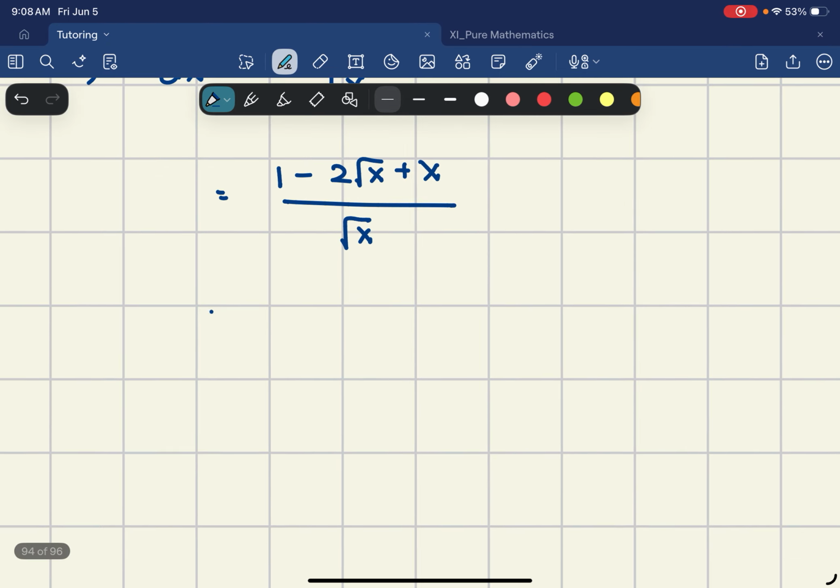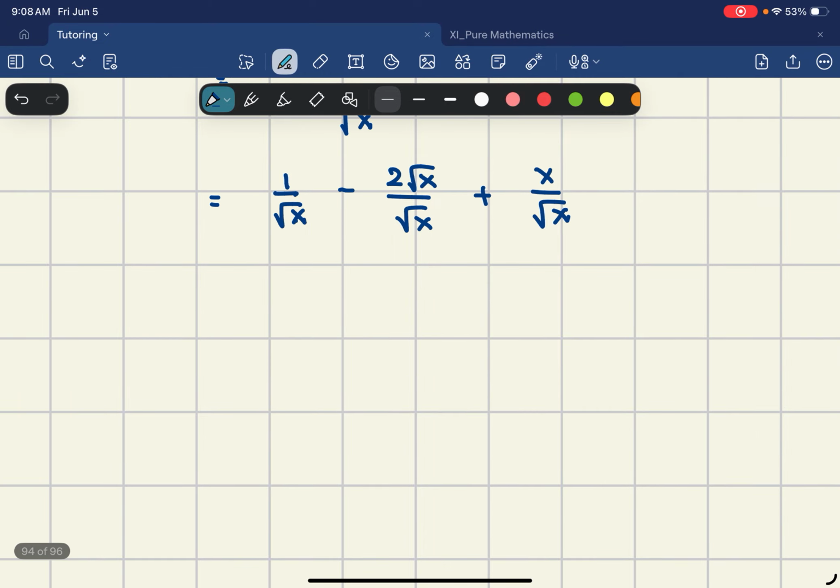Now let's simplify. I can write this as 1 over square root of x minus 2 square root of x divided by square root of x plus x over square root of x. If you simplify this further, you get x to the power negative half minus 2, since square root of x and square root of x cancel out, plus x to the power 1 with x to the power half in the denominator.